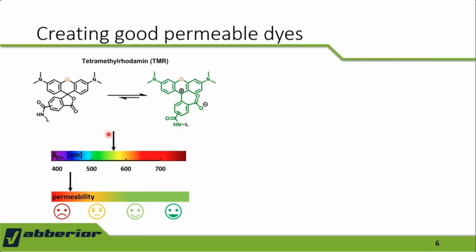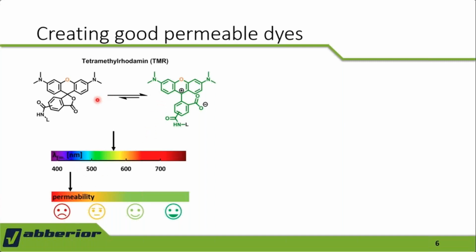So let's have a look at TMR, tetramethyl rhodamine, which is a very famous and very classic rhodamine. The emission maximum of this rhodamine is at 570, 580 nanometers, but the permeability is quite low.